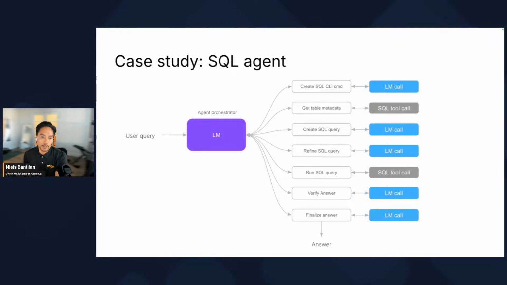So again, to motivate this and to make this more concrete, let's talk about what a SQL agent might look like. This is super high level, right? But the architecture you might look at is your system will take in a user query, and you have an agent orchestrator here that's a language model call.